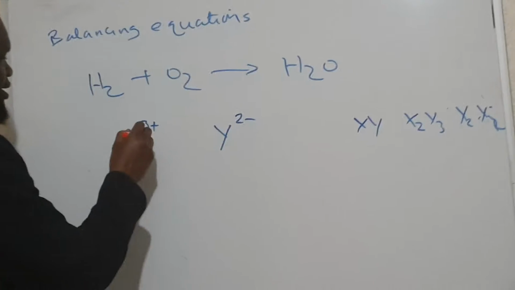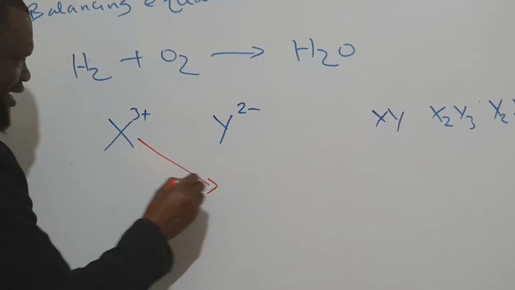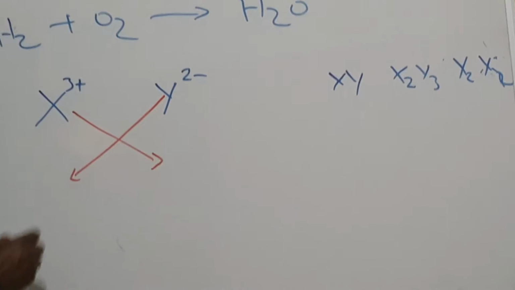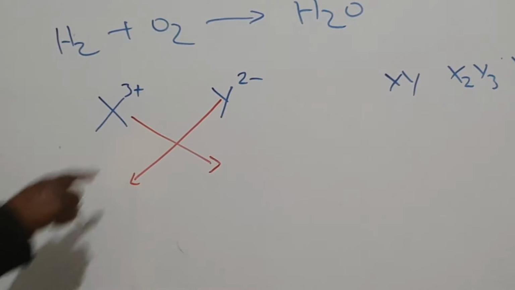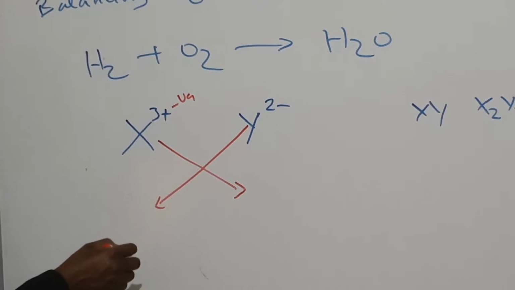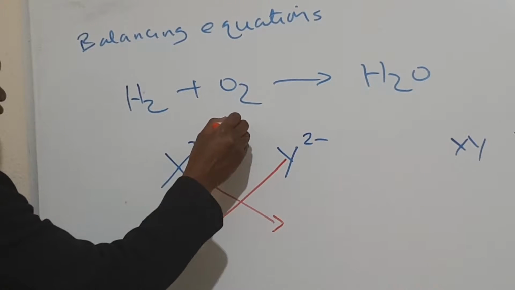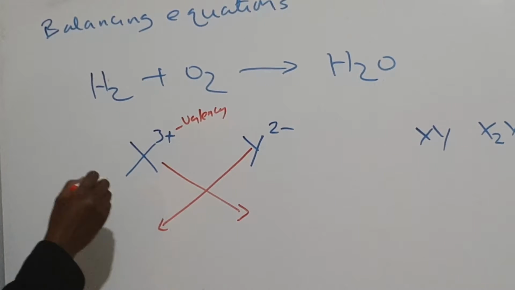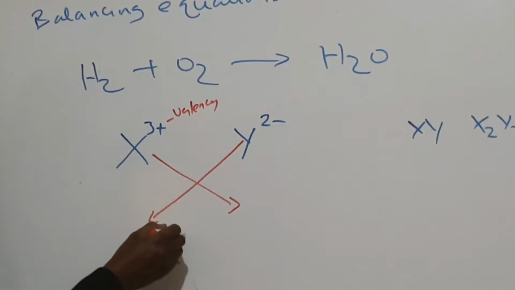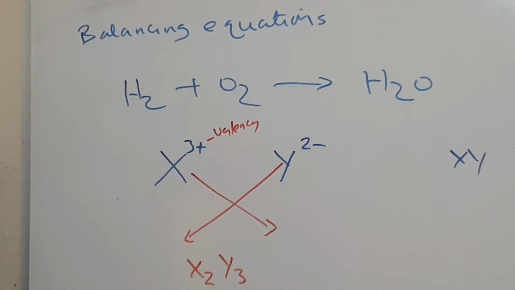This 3 will come to the Y, and that of Y will come to X. You understand? These are called the valences, the valency. That's the charge. So the compound that will be formed will be X2Y3. Take note of that.